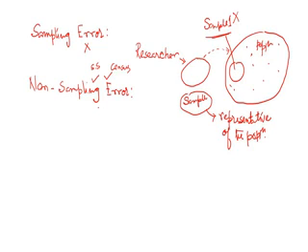And when you go for non-sampling error, when you go for a complete enumeration, or even in sample surveys, there are many human errors, because all things cannot be processed with the help of electronic gadgets. Somewhere in surveys human intervention shall be there, because ultimately you are collecting the data from human beings.